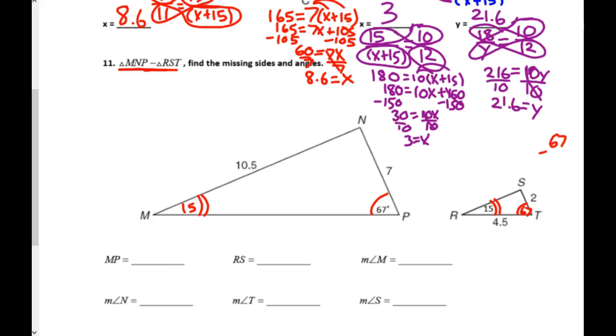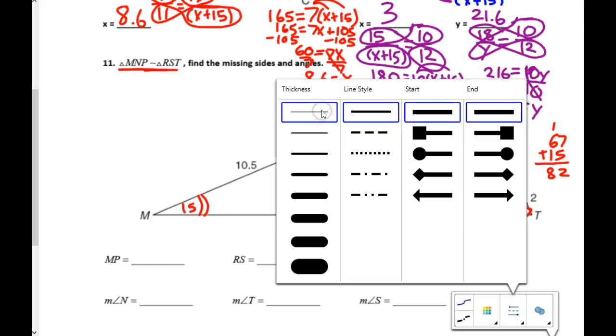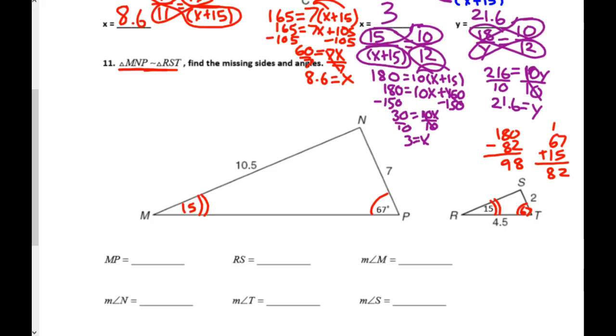67 plus 15 is 82. And then 180 minus 82 is 98. So right here we should have 98 and 98.